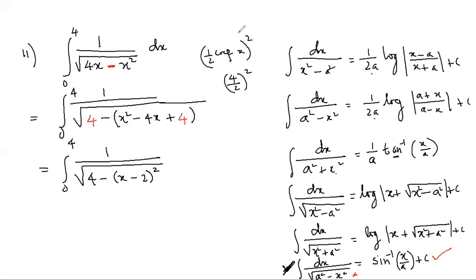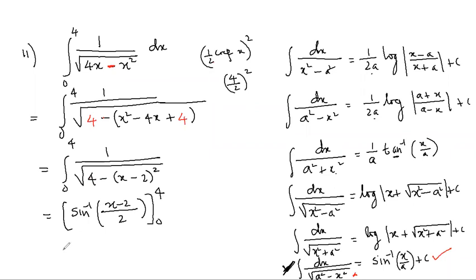So when I apply this formula directly, what will be my answer? Sine inverse of x minus 2 upon a. A square is 4, so a is 2. Now you can put the limit 0 to 4.